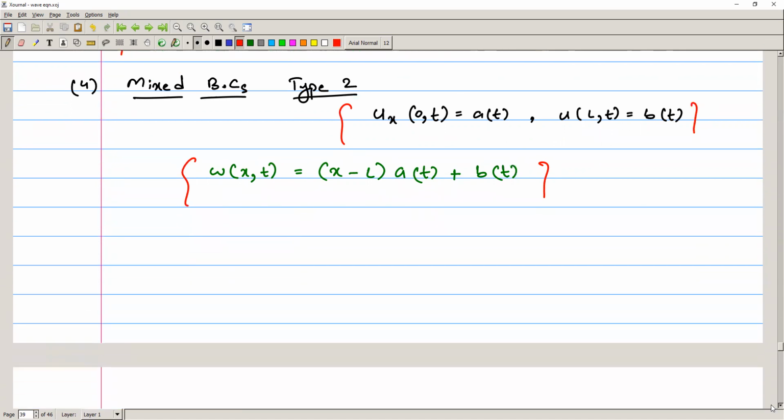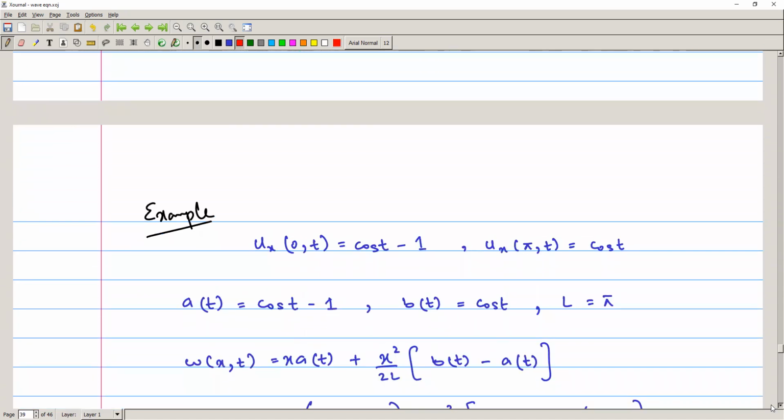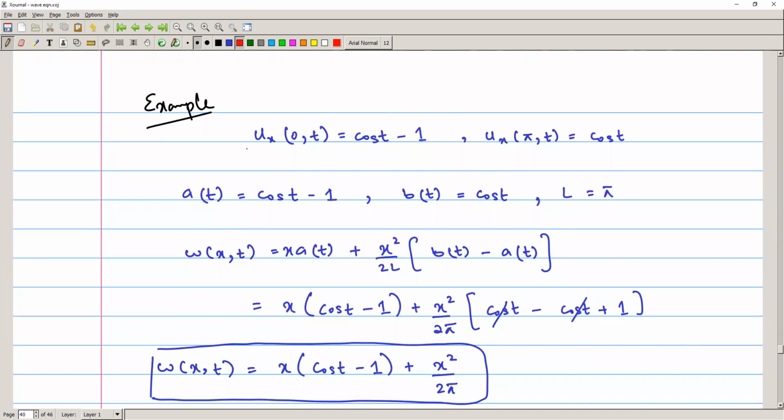So let's take some examples to understand the phenomena. Here we are given the boundary conditions. These are Neumann conditions. Here we can see that this is a(t) and this is b(t). So these are the time-dependent boundary conditions, and here L is equal to pi.